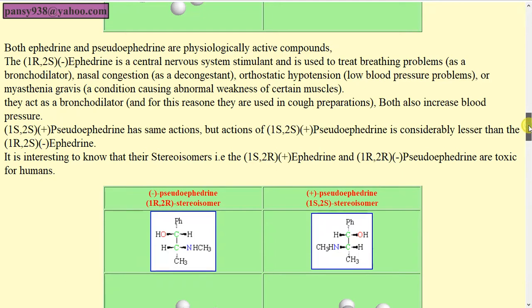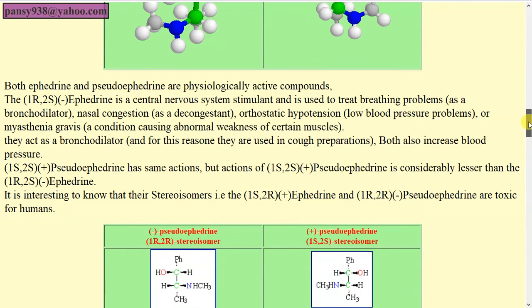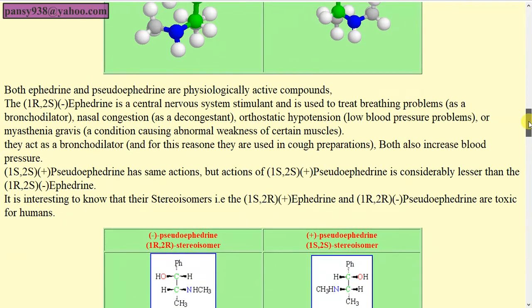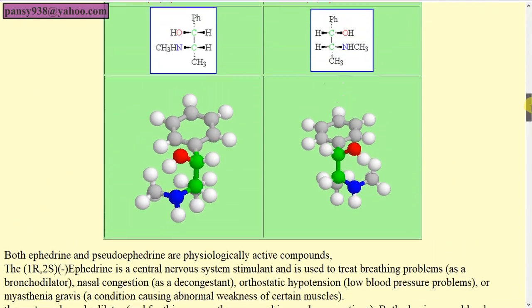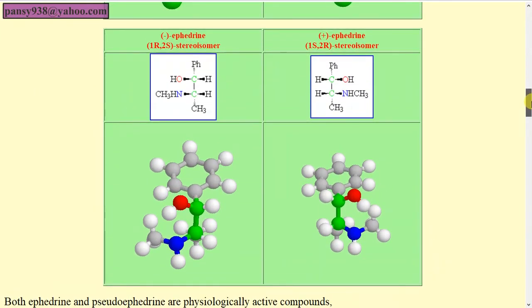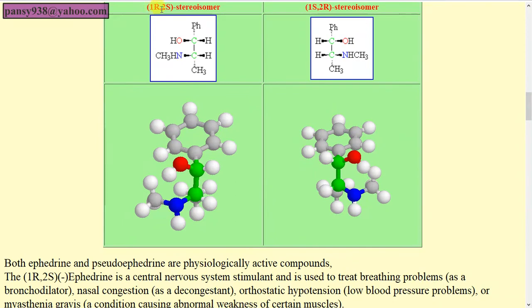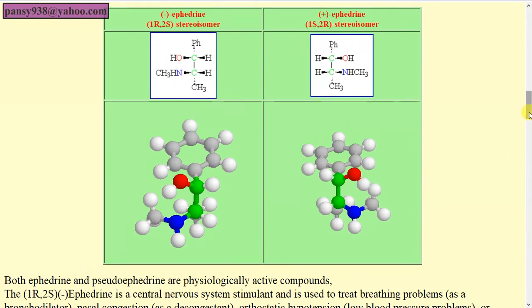You see that I am talking about the physiological activities of the 1R, 2S negative ephedrine. This one is the negative ephedrine, the 1R2S stereoisomer.